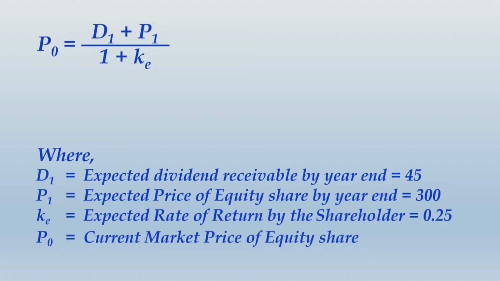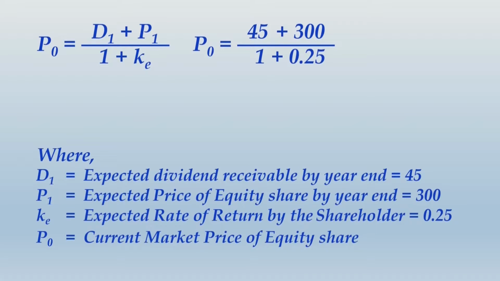When we know the values of D1, P1 and KE, we can easily determine the value of P0 simply by substituting the values of these variables in the formula.